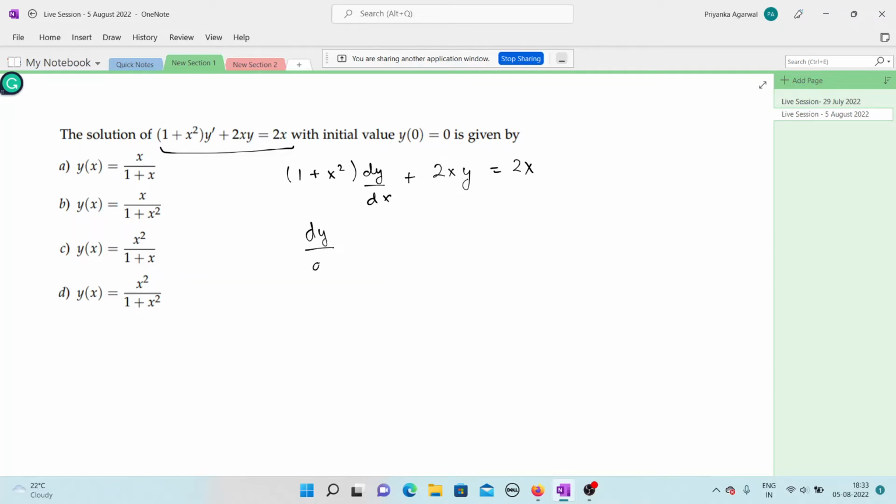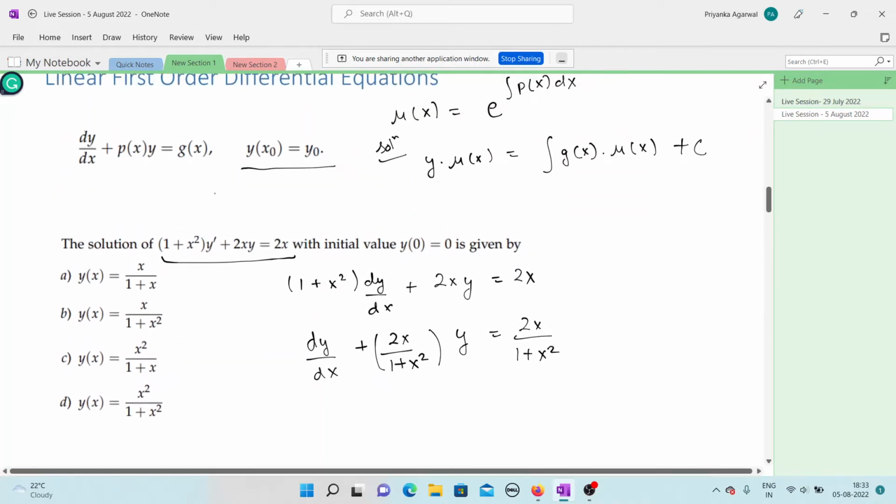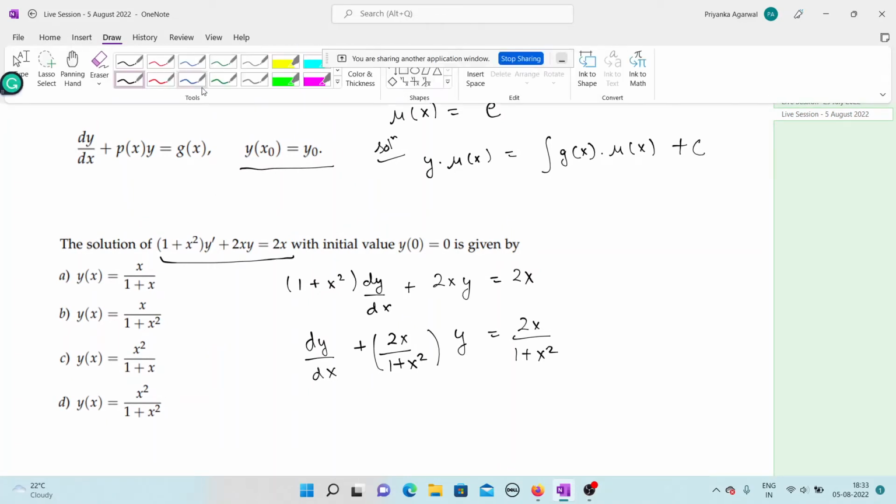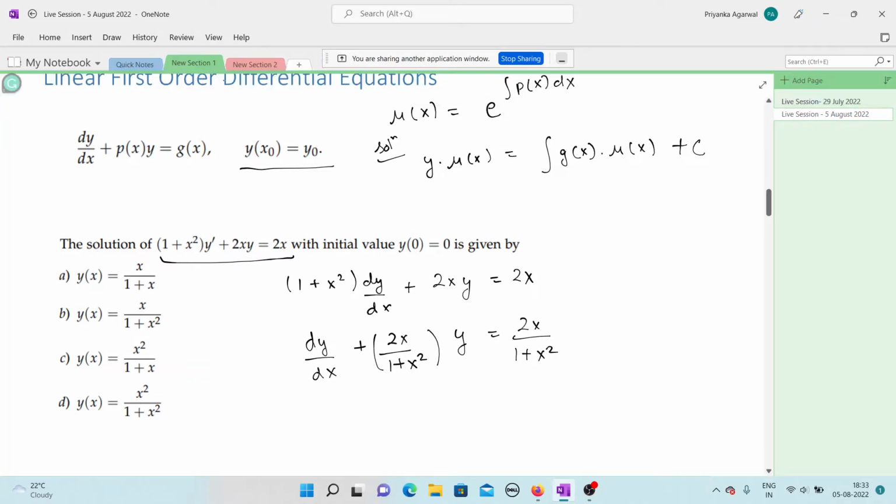So dy by dx plus this will be 2x over 1 plus x square into y equals to 2x over 1 plus x square. Now if you compare it with the standard form, you can simply see that this forms the function px and this forms the function gx, right?